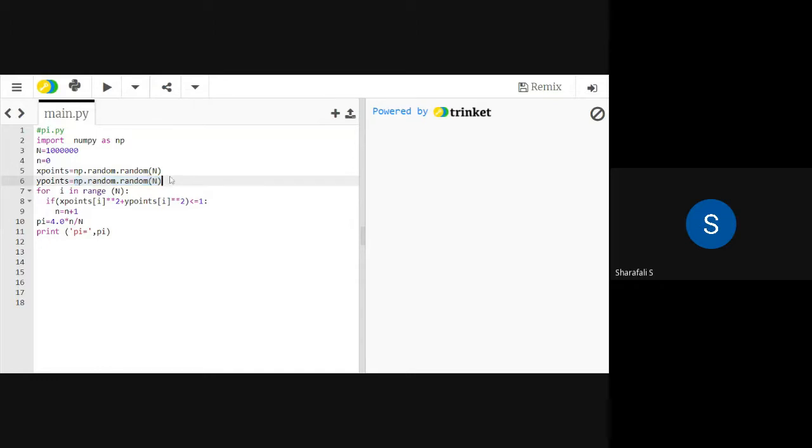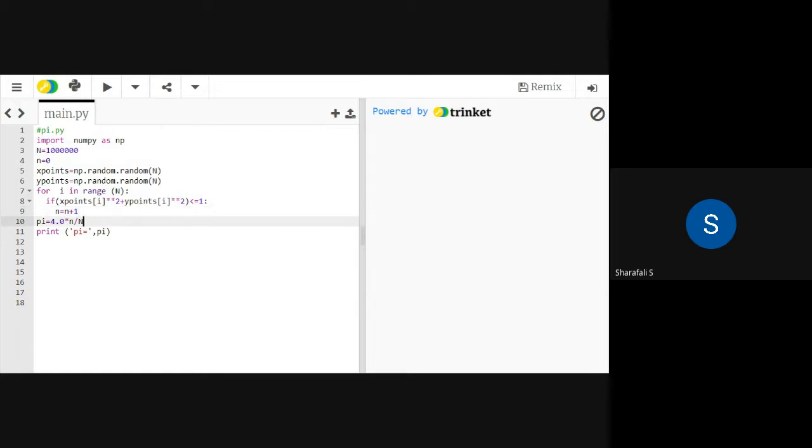And how many points do you need? Capital N, this many points. We take these x and y points, 10 lakhs of points, which are generated. That many x and y values we use to specify the points within that square.